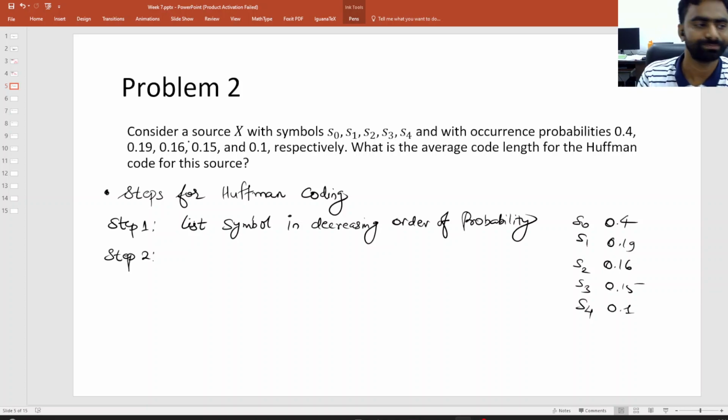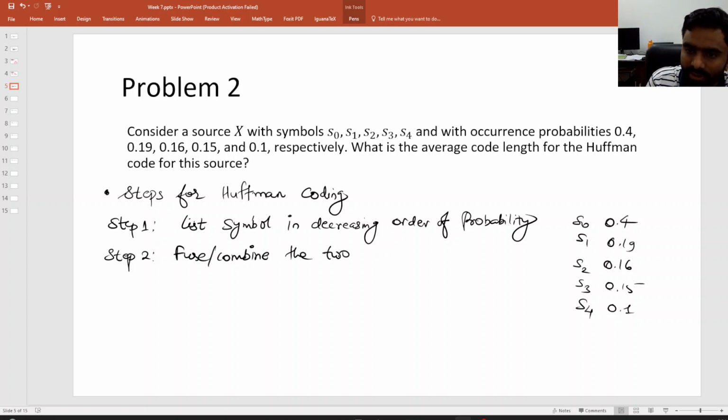And the next step is, you have to fuse or combine the two symbols with the lowest probability.